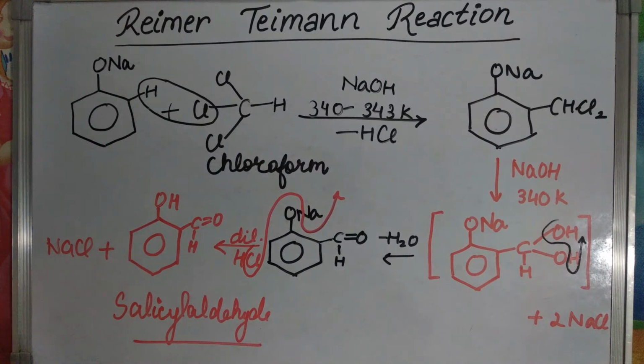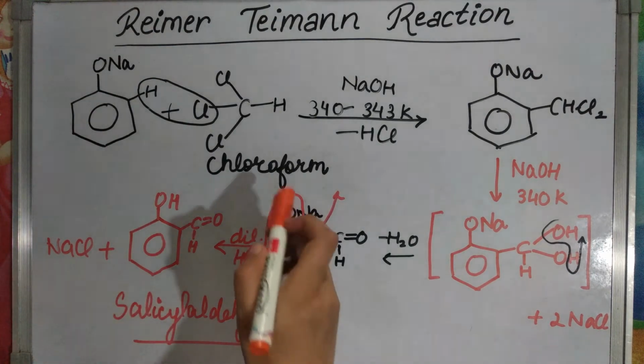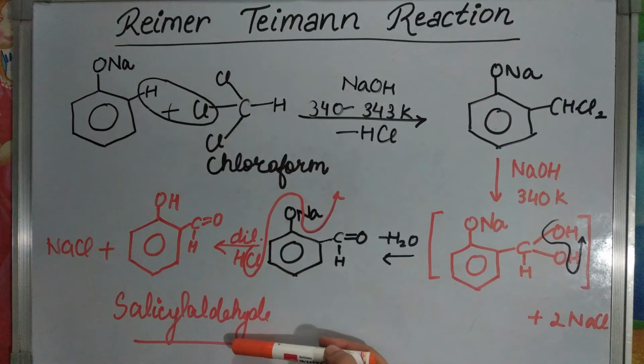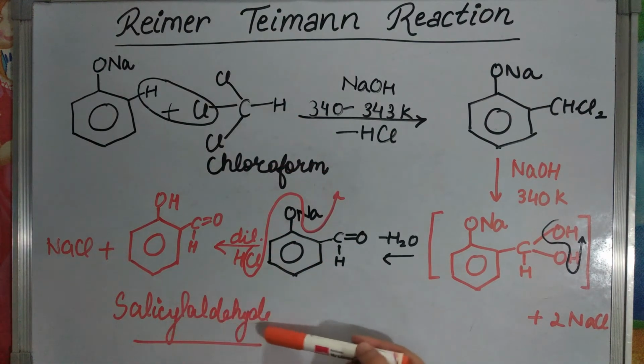As I told you earlier, in this reaction we can get two products depending upon the intermediate or the reactant we used. So, if in the place of chloroform we use carbon tetrachloride, then in the place of salicylaldehyde we will get salicylic acid. Let's have a look.